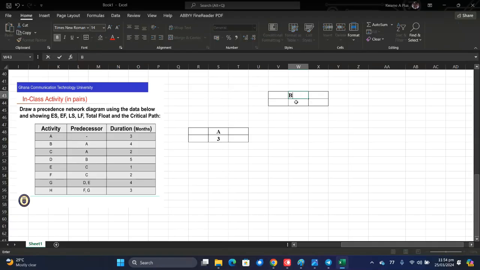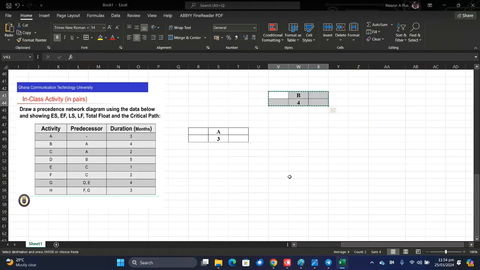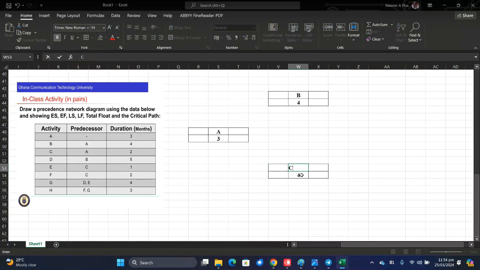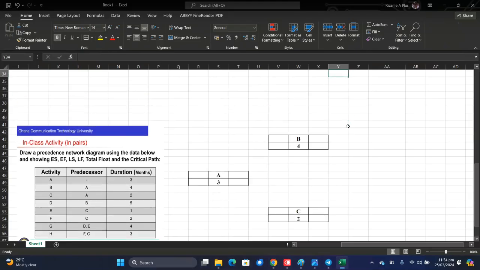B has a duration of 4. And then A precedes C. So let's have something like this. Again in here, add a dot. C precedes what? Then we have 2 here. So let me get the arrow. Where can I get this arrow?